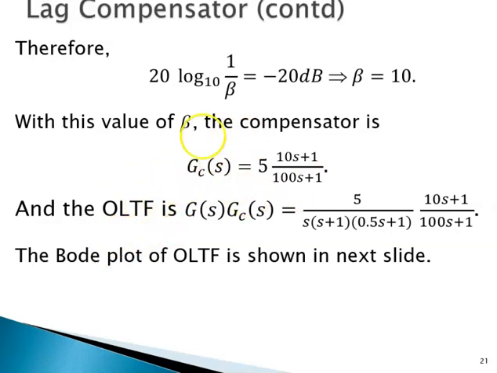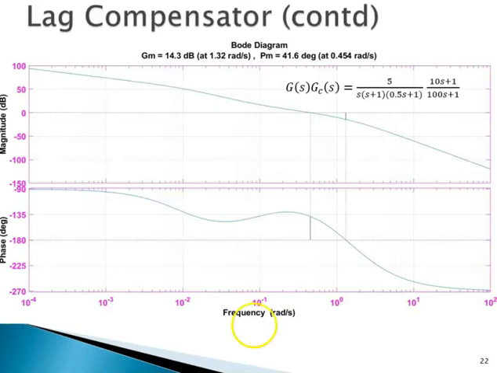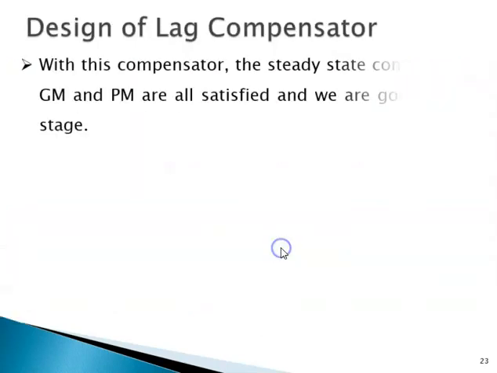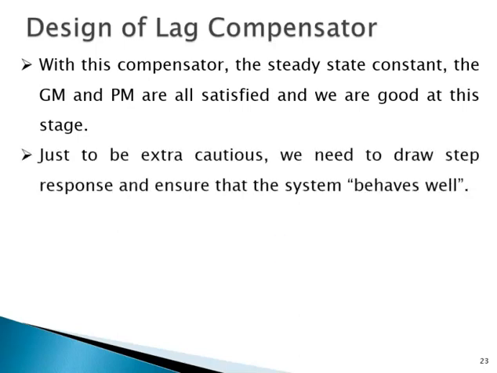We'll try to draw the Bode plot for this compensated, gain adjusted open loop transfer function, which is shown in the slide over here. With this, we see that the gain margin is satisfied and the phase margin is satisfied. All the things are satisfied, and we are good at this stage.